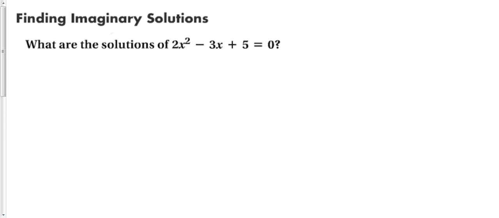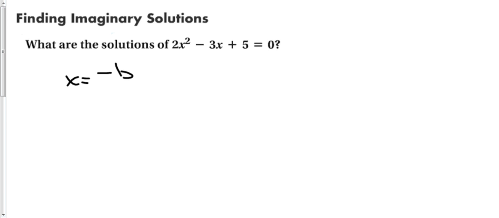But let's see. First, looking at that, can I factor it? No, there's no factors of 2 times factors of 5 that add up to 3. Next, can I complete the square? No, because I can't get rid of that 2 without giving me fractions.